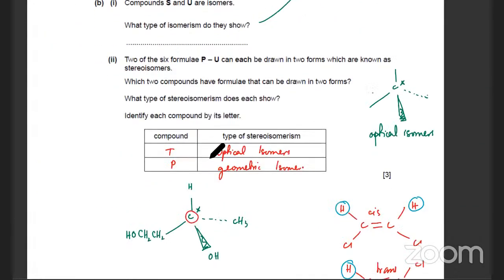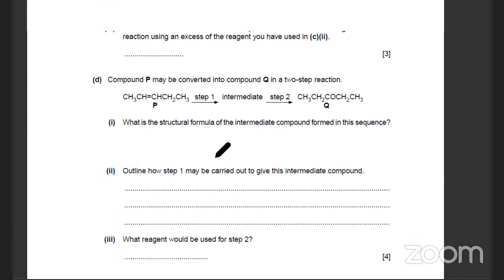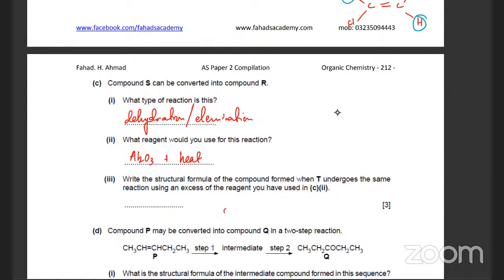So let's try and figure out what's going to happen if we do the same thing with T. So it's got 1, 2, 3, and 4 carbon atoms. There's an OH on the third one, and there's an OH on the first one. And you've got H and another H and another H and another H. The OH is lost and the H is lost from the neighboring carbon atom.